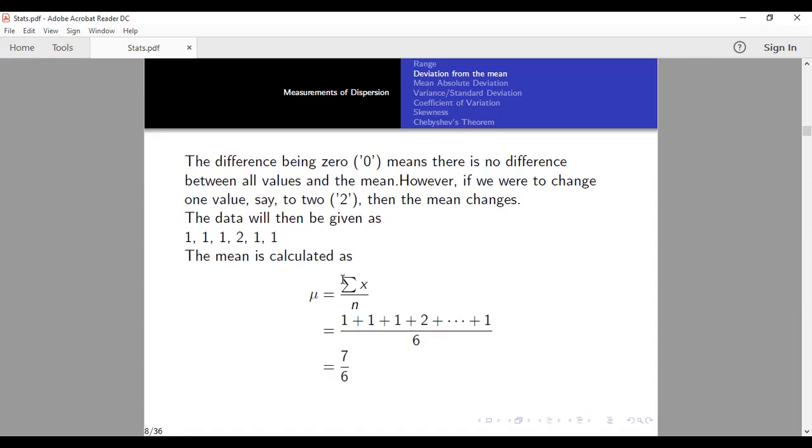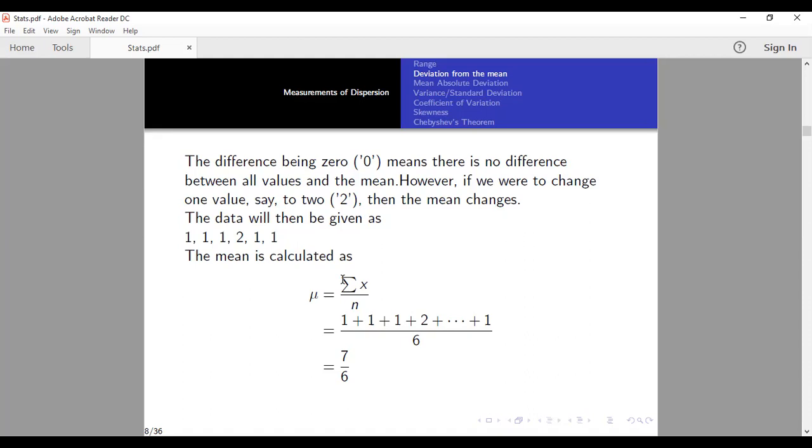Now, we no longer have 1. We have 7/6. If we were to use our calculator, it's 1.1666666, meaning it's not so far from 1, but now it's no longer a perfect estimate.